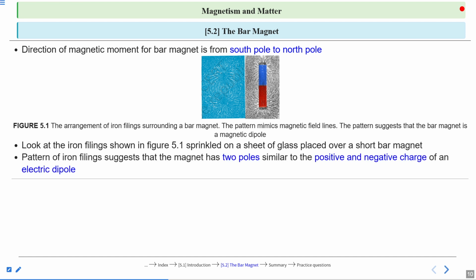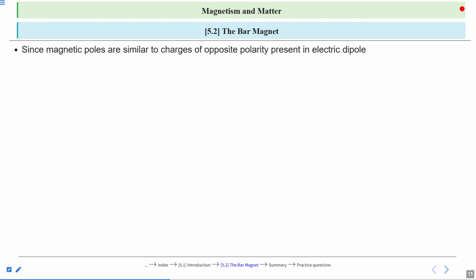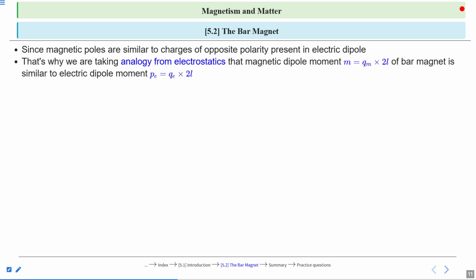The pattern of iron filings suggests that the magnet has two poles, similar to the positive and negative charges of an electric dipole. We have also drawn the analogy of how we relate the magnetic dipole with the electric dipole. Since magnetic poles are similar to charges of opposite polarity present in the electric dipole, that's why we are taking the analogy from electrostatics.